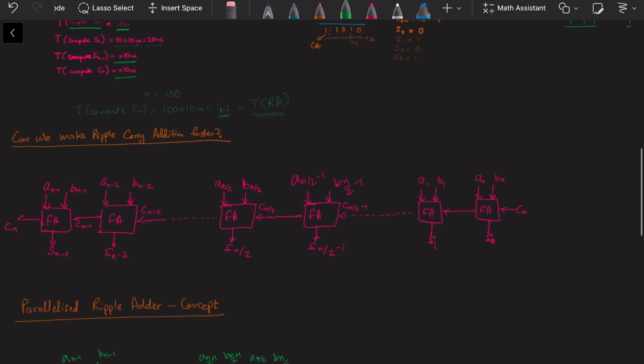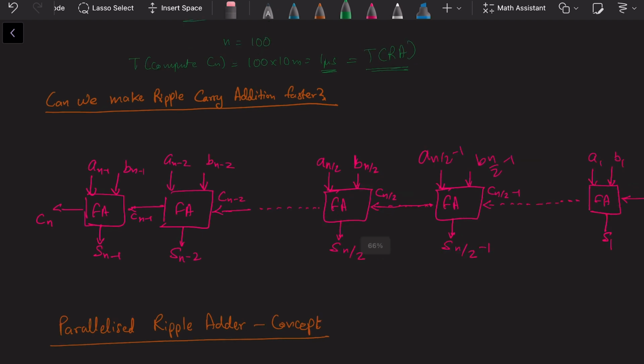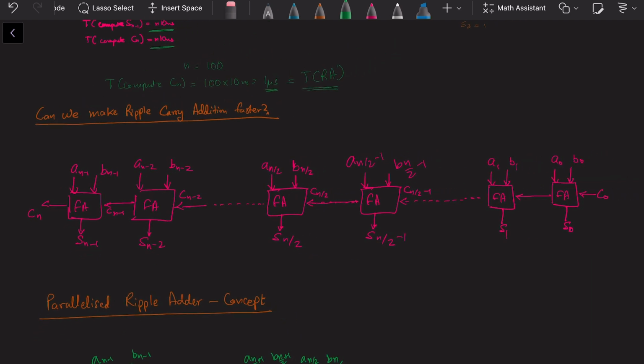Okay, now what we are interested in is making this addition operation faster. And we are going to ask: is there a way that we can make this addition faster?